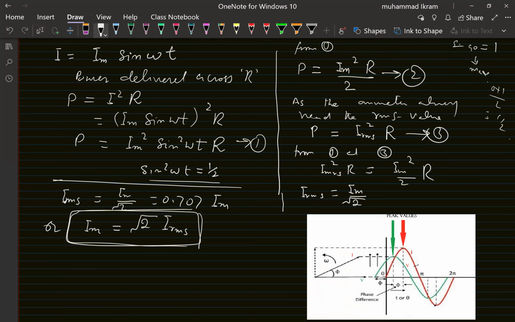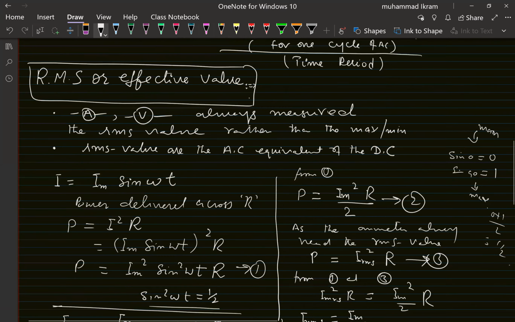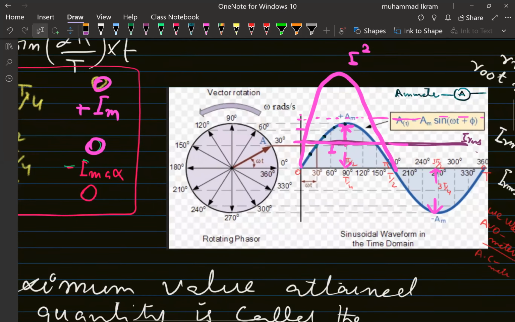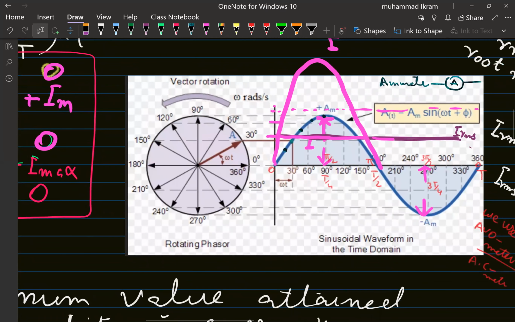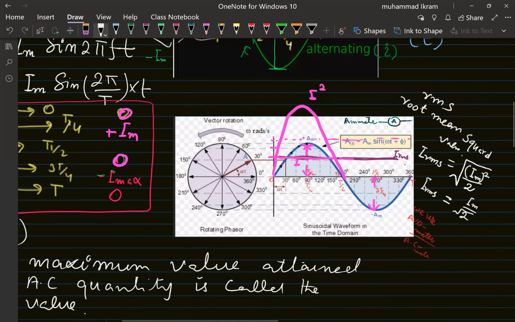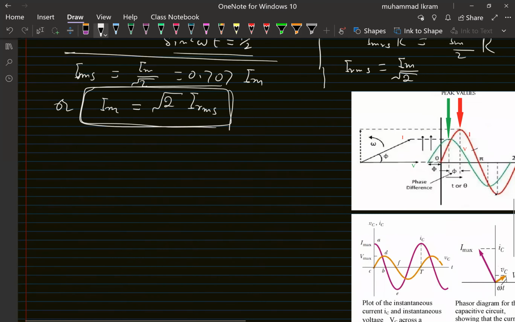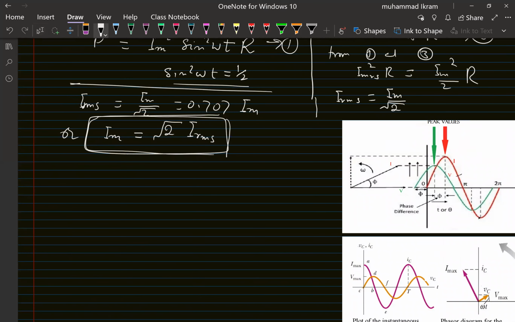Similarly, another important thing, even if you don't understand this, a very simple way I'm telling you: you take the mean value of the sine of these angles, and the answer will definitely be 0.707 Im.